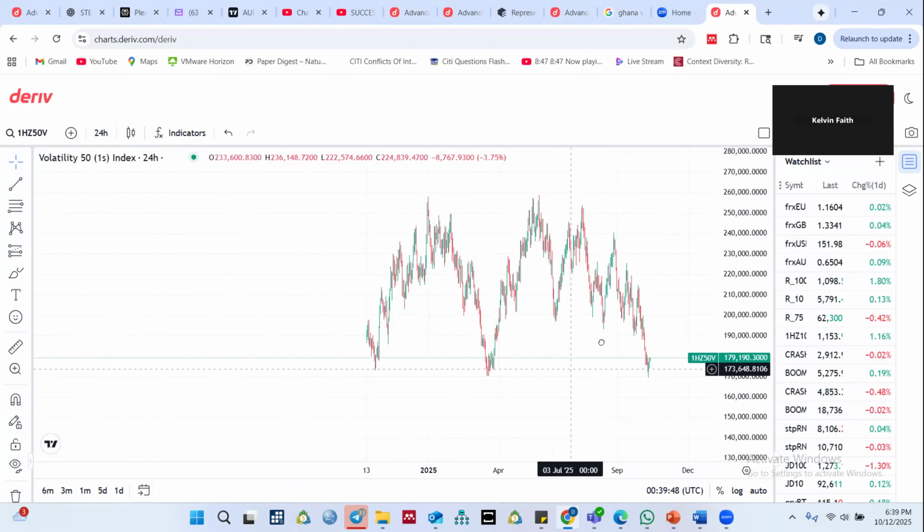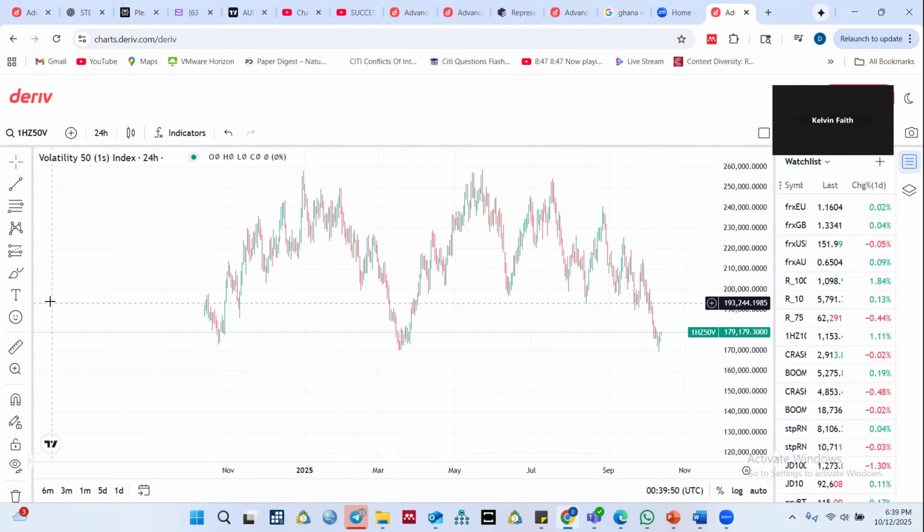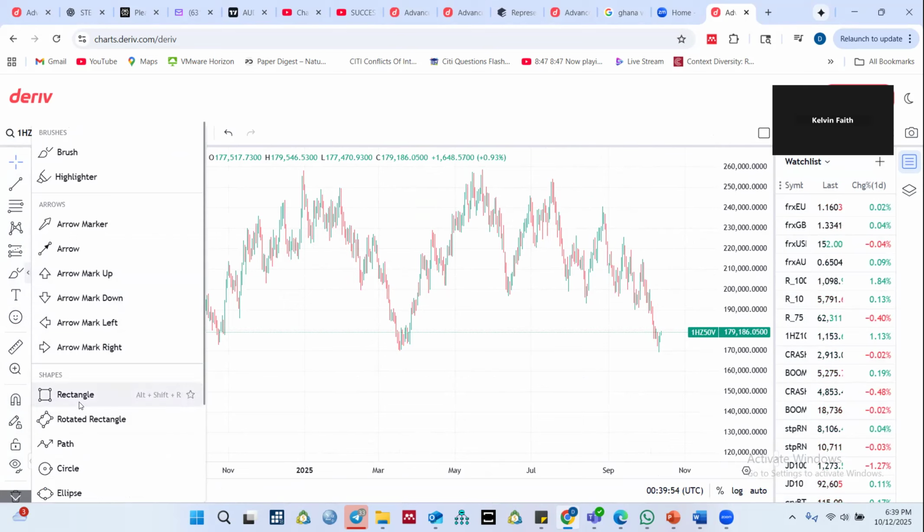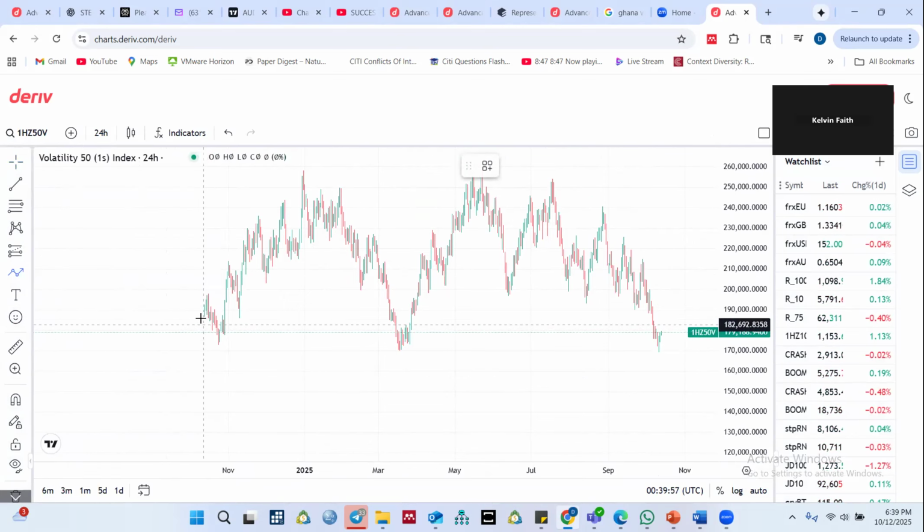So if you check 51S closely, actually there is a couple of lows here on 51S that Derive doesn't give. Yeah, so this pair is a downtrend.